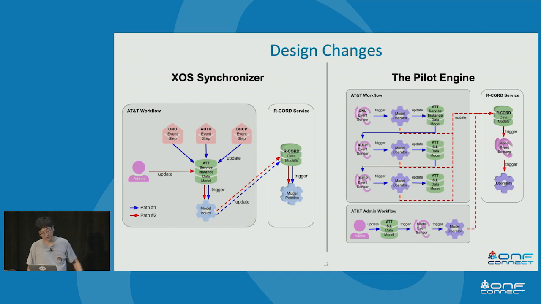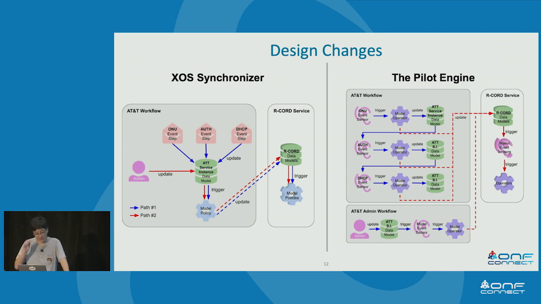These entry points look independent of each other. Therefore, any of them can start the workflow. However, the AT&T workflow in reality has a certain event order. For example, the ONU has to be the first one, then auth can come next, and DHCP is the last one. So developers have to manually implement a state machine to ensure this order.